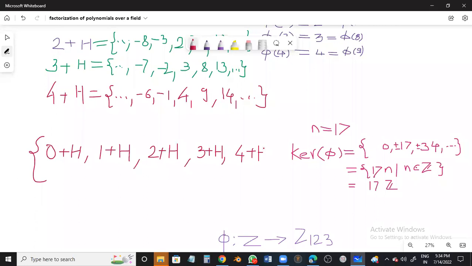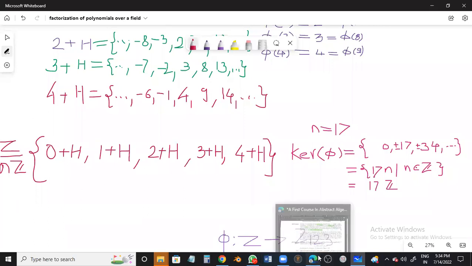You collected all the cosets under a set, and what is this set labeled as? Z upon nZ. You collected it as Z upon nZ. Okay, this is what we are saying. This is nothing but your quotient ring.